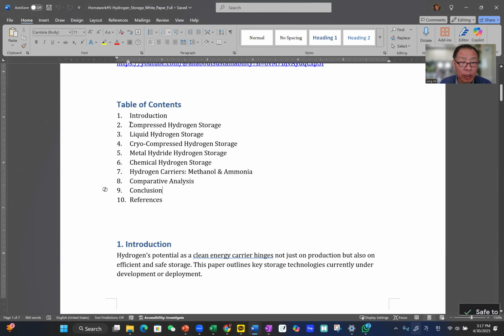So liquid, compressed, and cryogenic compressed hydrogen storage. Okay, these three methods can be explained in this diagram.